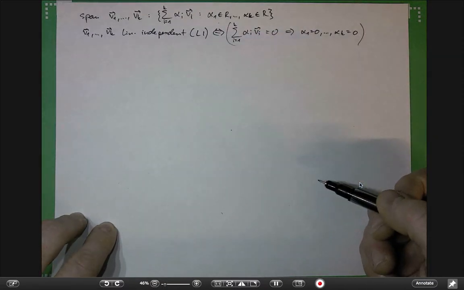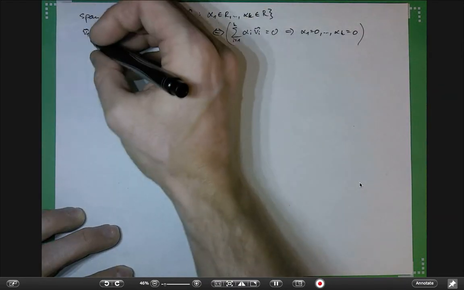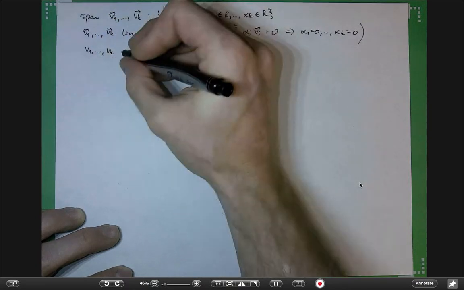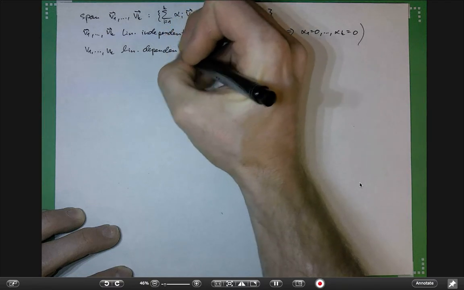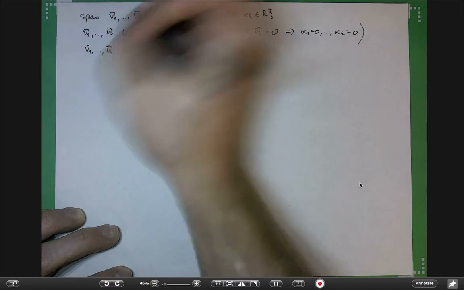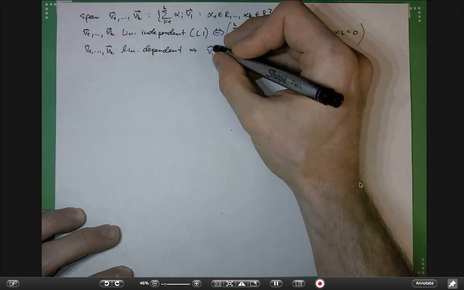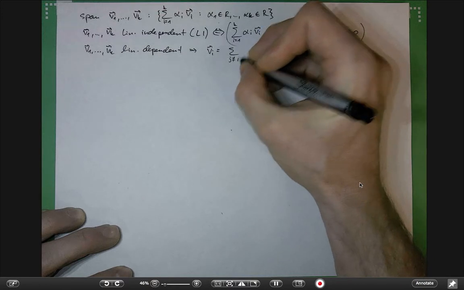So if they are linearly dependent, then I can find one which can be expressed as a linear combination of the remaining ones.